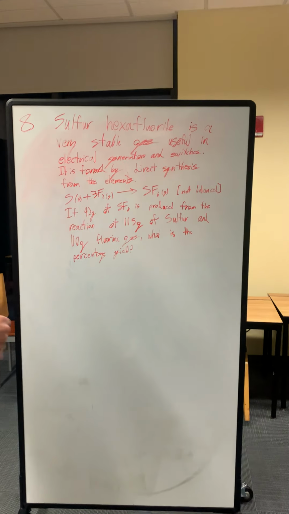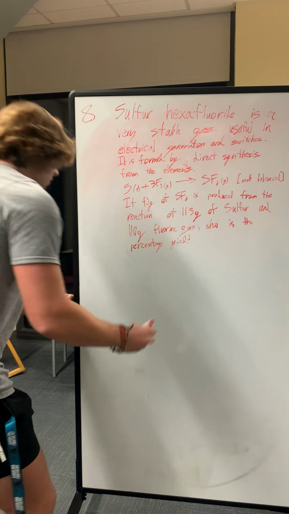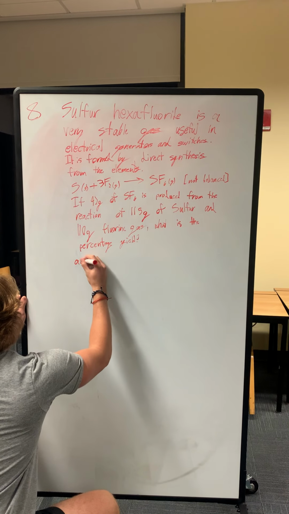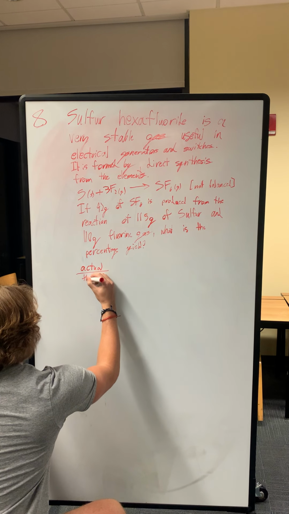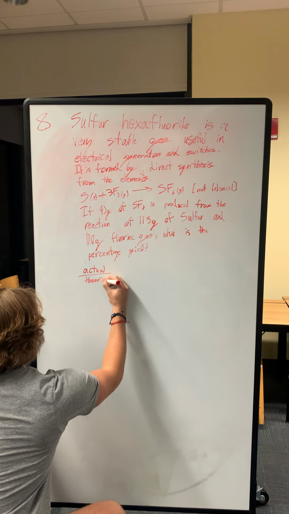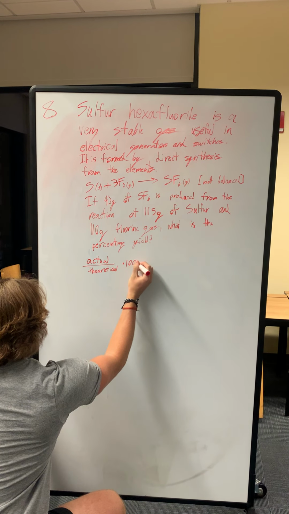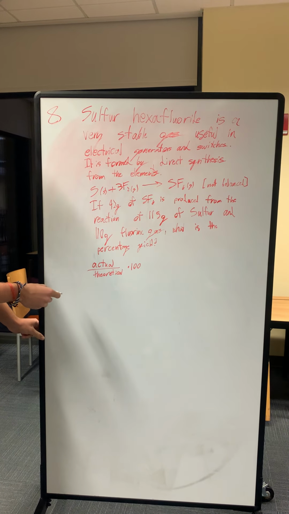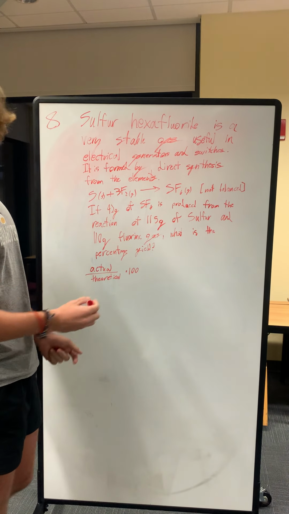So once you got that, you're gonna use the percent yield formula, which is the actual yield over the theoretical yield times 100 will give you the percent yield.